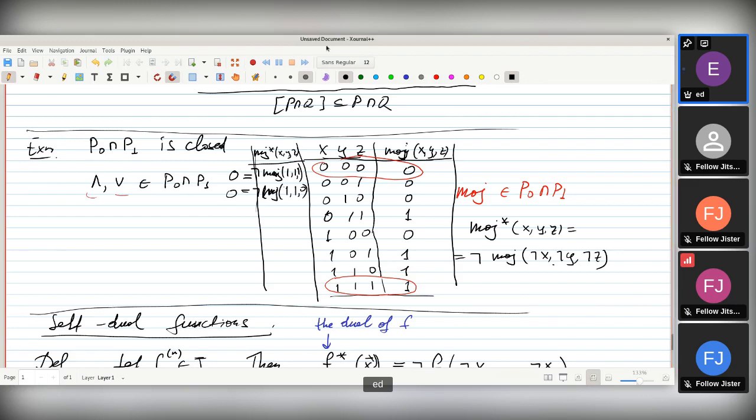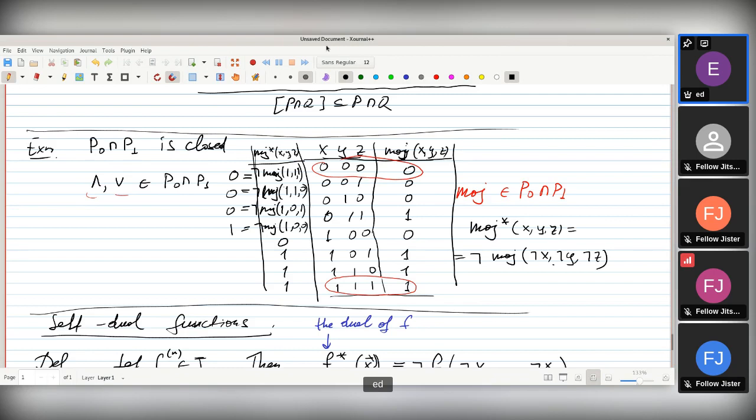Next, not majority 1, 0, 1. It is clearly 0 here. Not majority 1, 0, 0. Here we have not 0, so 1. And so on. We see, in fact, that our dual to majority is the same as majority as well.